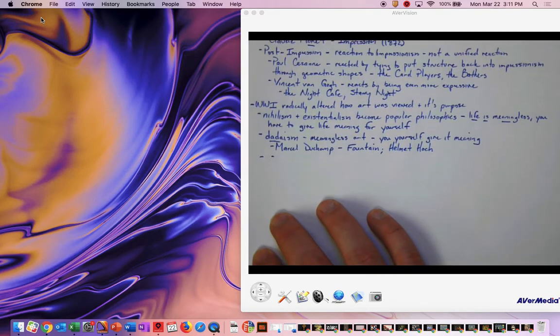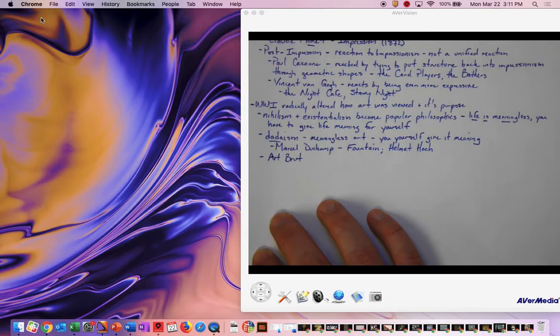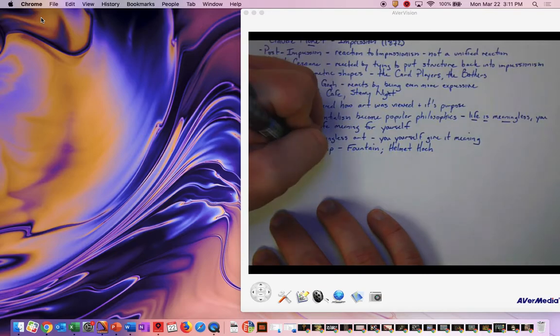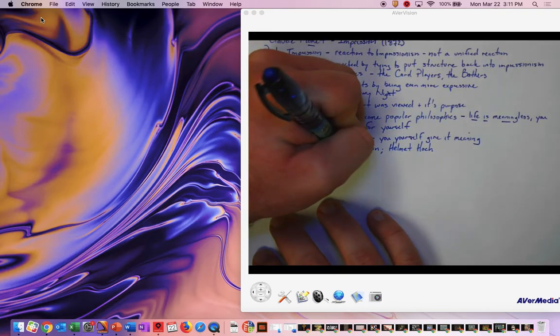Another important art movement that comes out of the post-World War I experience is this movement called Art Brut. Art Brut is art of the untrained.